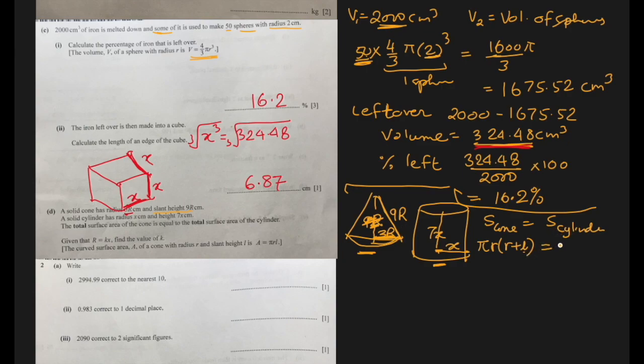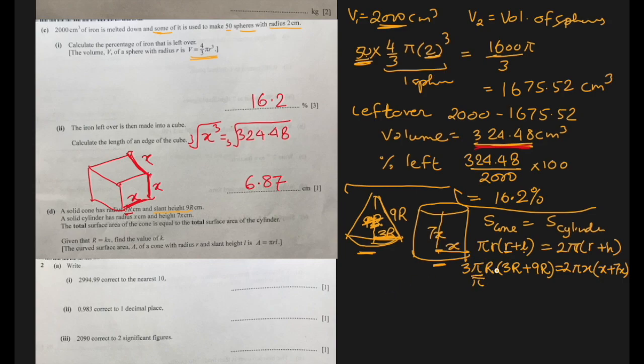The surface area of cylinder is 2 pi r (r plus h). Now let's substitute the values of each one. Pi is pi. Radius of this cone is 3r, so we'll write 3r here. Then we have r is 3r again. Slant length is 9r, is equal to 2 pi x. The radius is x, and x again, and height is 7x.